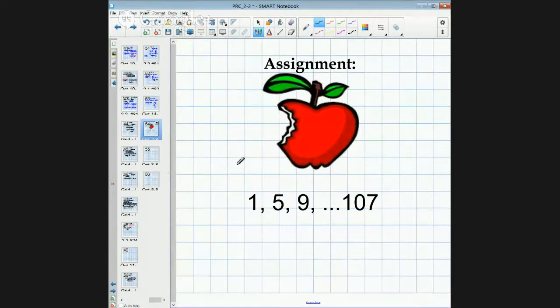Okay, here's the new assignment. It's the old multiples of 4 thing, 1, 5, 9, and this time you end at 107. So I'm going a little farther this time than we normally do. This is stuff you just got to get in there and do and practice.